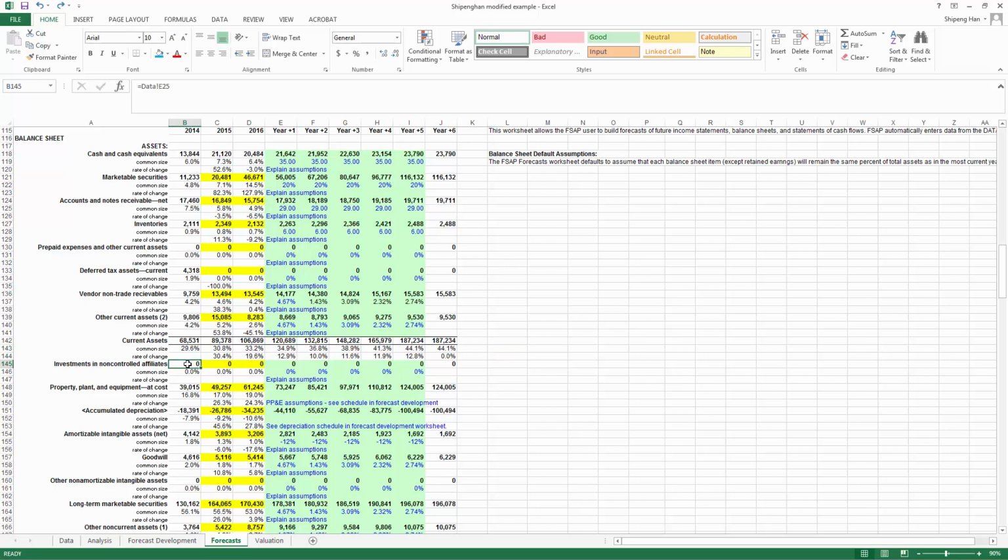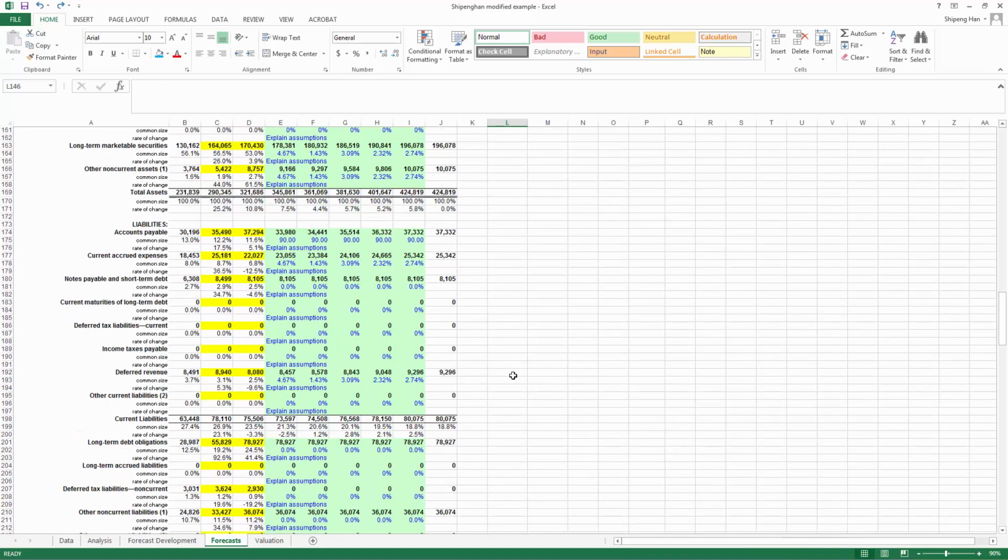Because Apple has no investments in this account, we simply assume 0 for the next 5 years. But if your firm has some investment in this account, you should either use common size or rate of growth to forecast the balance of this account.